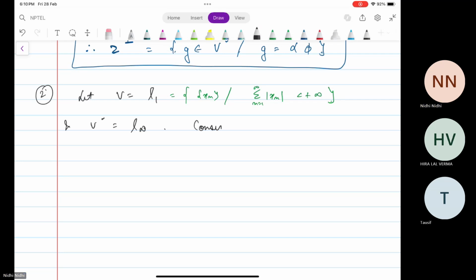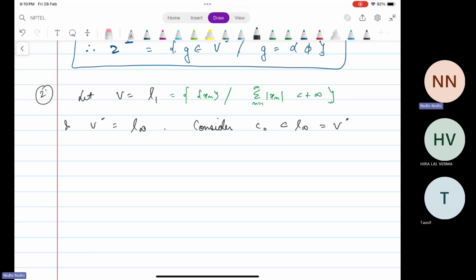Consider c naught as a subset of L infinity, which is basically V star. We know that L1 star, the dual space of L1, is isomorphic to L infinity.